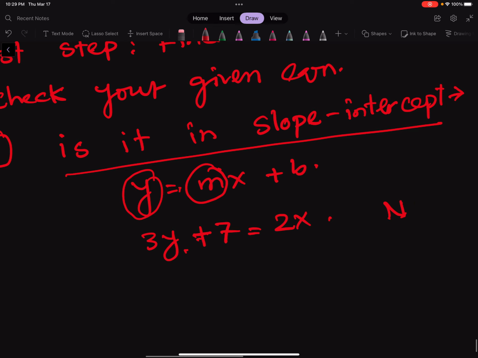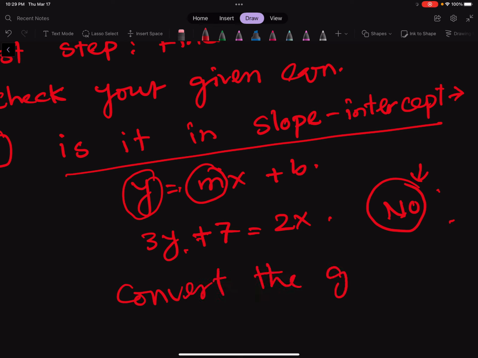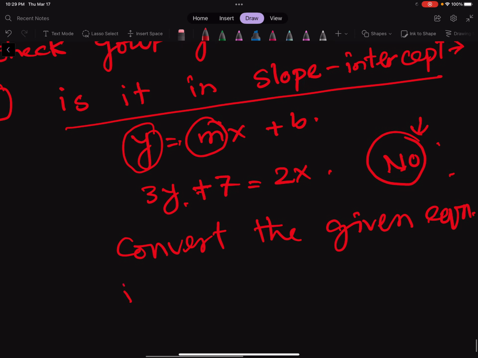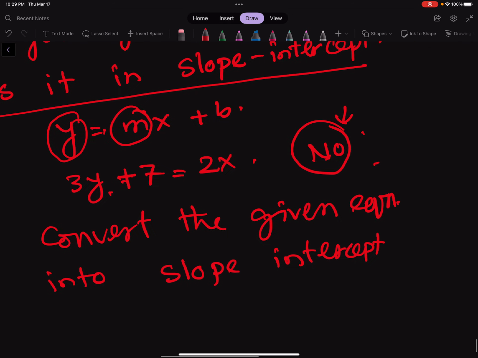Once you ask whether it is in slope intercept form, you see no. So if it is not, you will have to convert the given equation into slope intercept form, or formula, whatever you say.